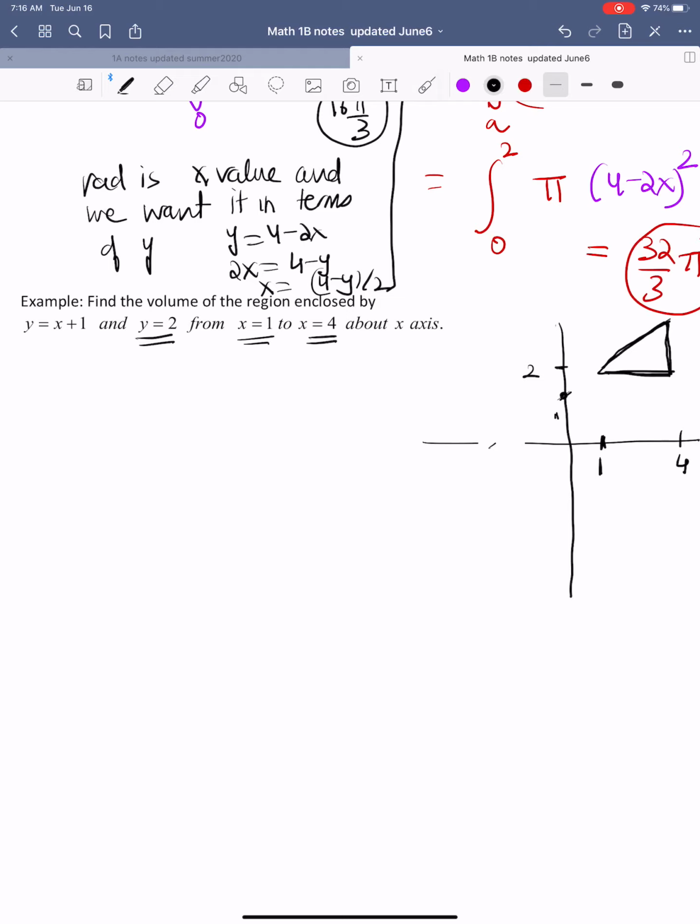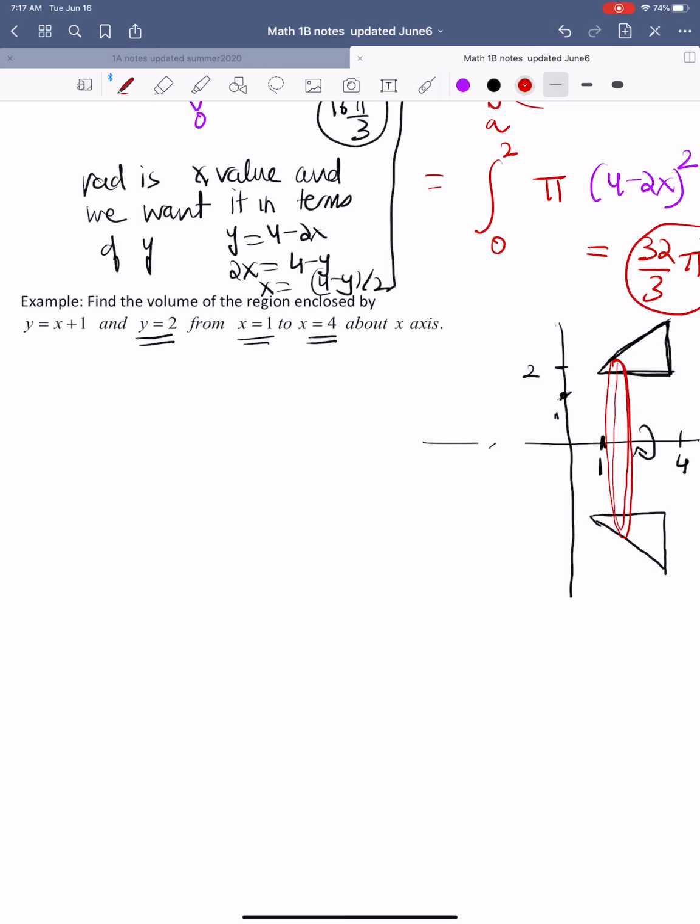All right, we want to rotate it about the x-axis, so this is my axis of rotation, and I think I'm gonna have something like this. After the rotation, my solid will have discs and washers.